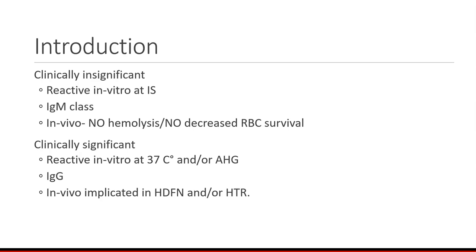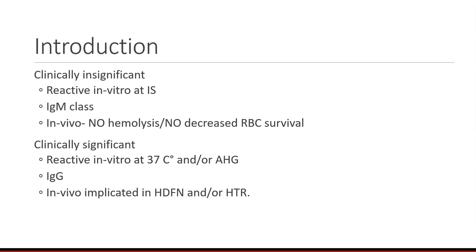Clinically insignificant antibodies most frequently are reactive in vitro, in the test tube, at immediate spin. The antibody class is IgM, and in vivo, in the body, there's no hemolysis and no decreased red cell survival. So no hemolytic transfusion reactions, no hemolytic disease of the fetus and newborn.